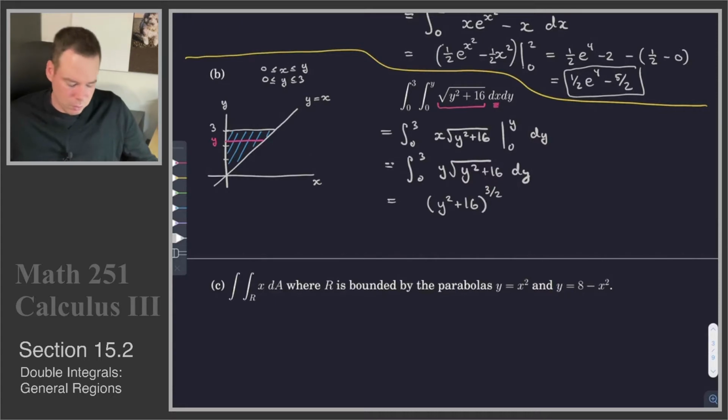Then I could reverse engineer what the constant in front has to be so that when I differentiate this, it gives me the integrand in the line above. When I differentiate this, a 3/2 comes down, and then a 2y comes out from the chain rule, so I'll need to put a 1/3 in front in order to get everything to cancel so that the derivative becomes y times the square root of y squared plus 16.